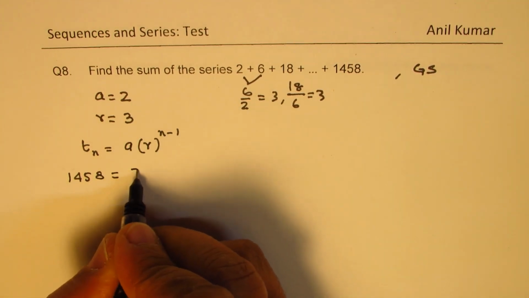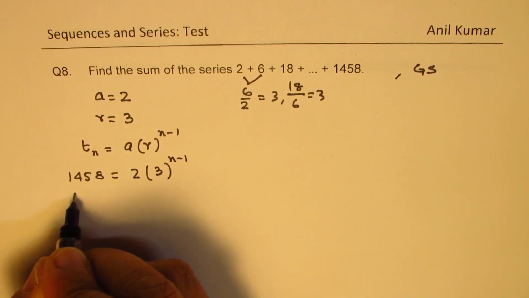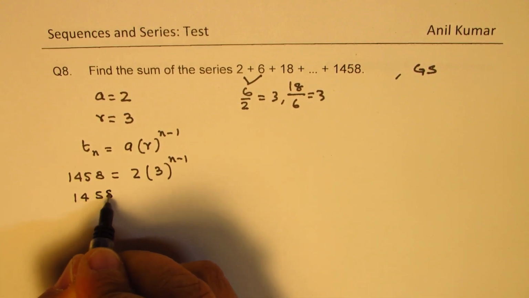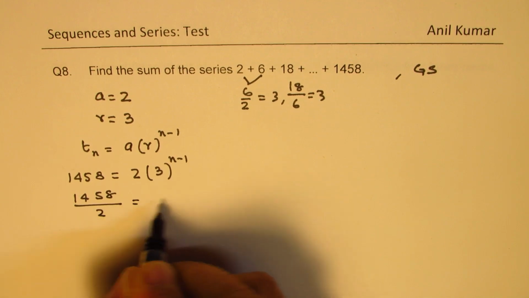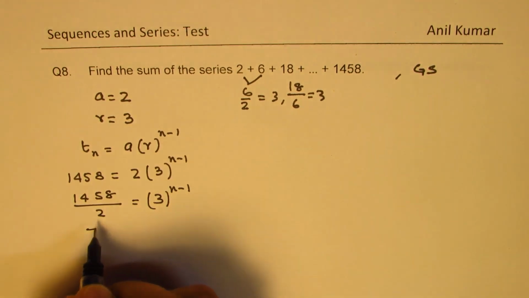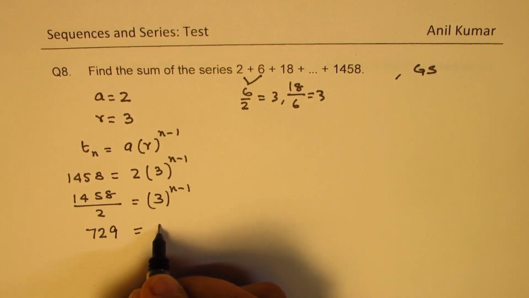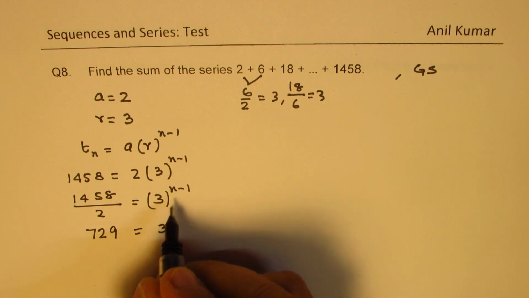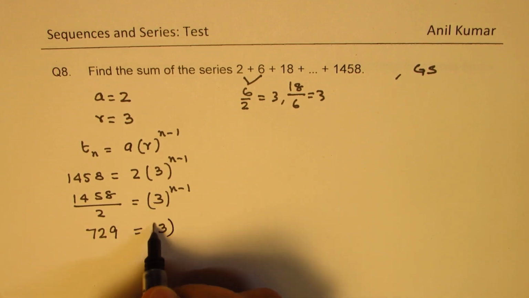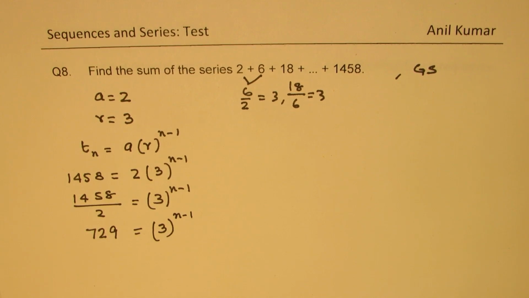a is 2 for us and r is 3. So we can divide 1458 by 2. We get 3 to the power of n minus 1 equals 729. So we have to look for what power of 3 could be 729, correct?